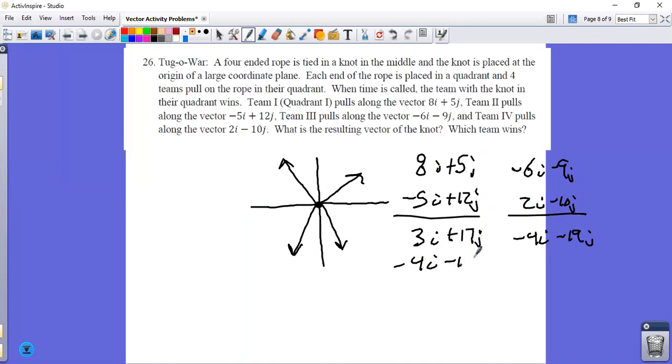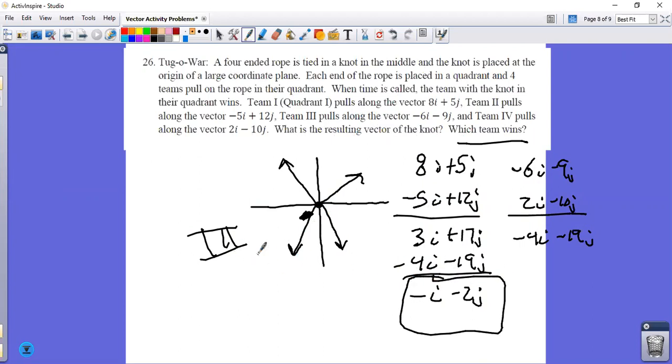Add that with the other two, add them all together, get negative i minus 2j, so that knot would be team 3 or quadrant 3 is the winner. So which team wins? Quadrant 3. And that didn't say anything about a magnitude, so you just need that final vector and what quadrant it would be in.